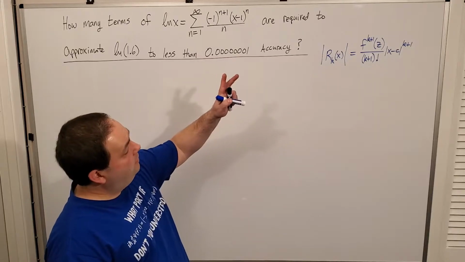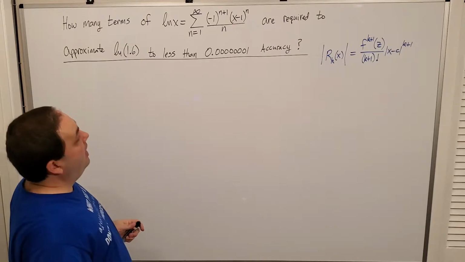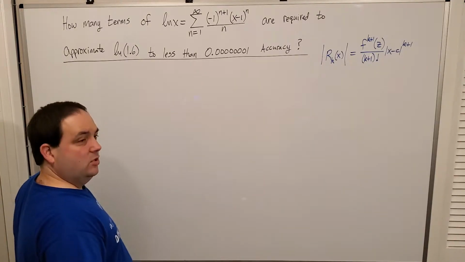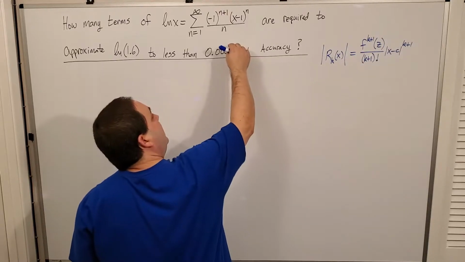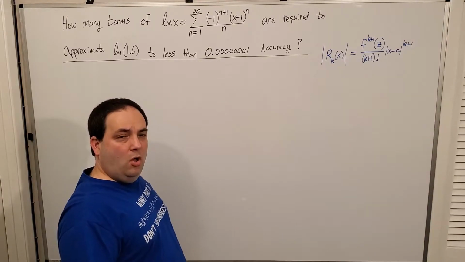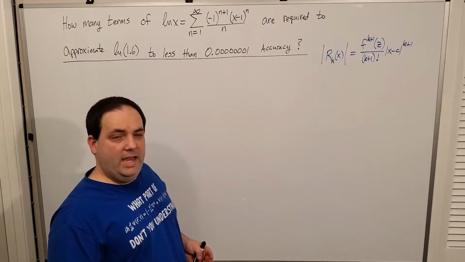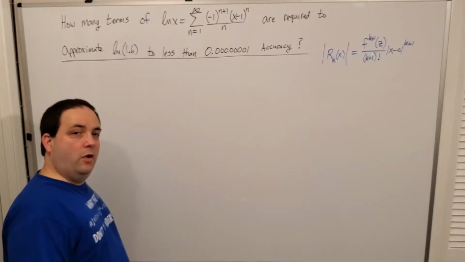Now that's what the error term is equal to, right? I want to make sure that my error term is less than this. So at some point, I'm going to want to say that this calculation is less than this number. And hopefully that allows me to solve for some value of k, so I can say, oh, I need this many terms.